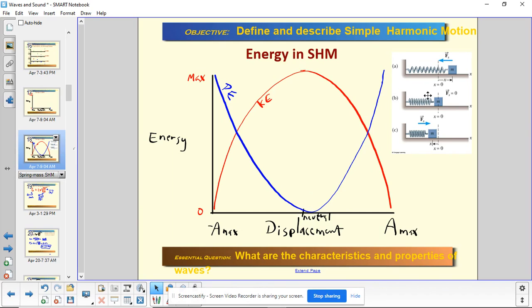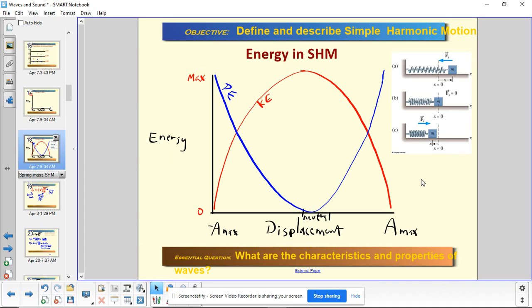Conversely, the block is moving as fast as it's ever going to move, so it has maximum kinetic energy when we have zero spring potential energy. Then as the block slides past the neutral position, we start stretching the spring. So the potential energy of the spring increases until we get to the point where the block stops. The force in the spring is enough to stop the block, so you have zero kinetic energy and max potential energy again. So that's the characteristic curves.